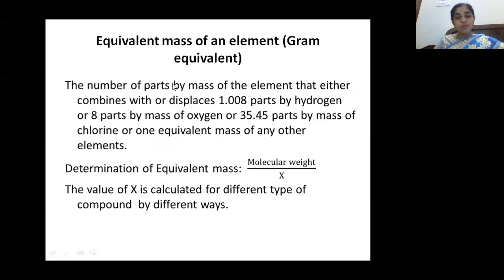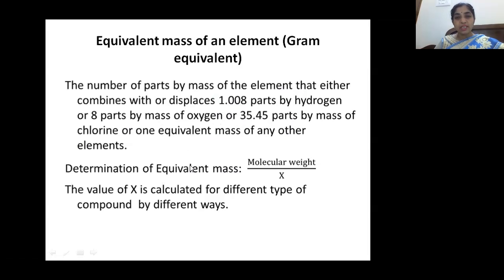The number of parts by mass of the element that either combines with or displaces 1.008 parts by mass of hydrogen or 8 parts by mass of oxygen or 35.45 parts by mass of chlorine or one equivalent mass of any other element.